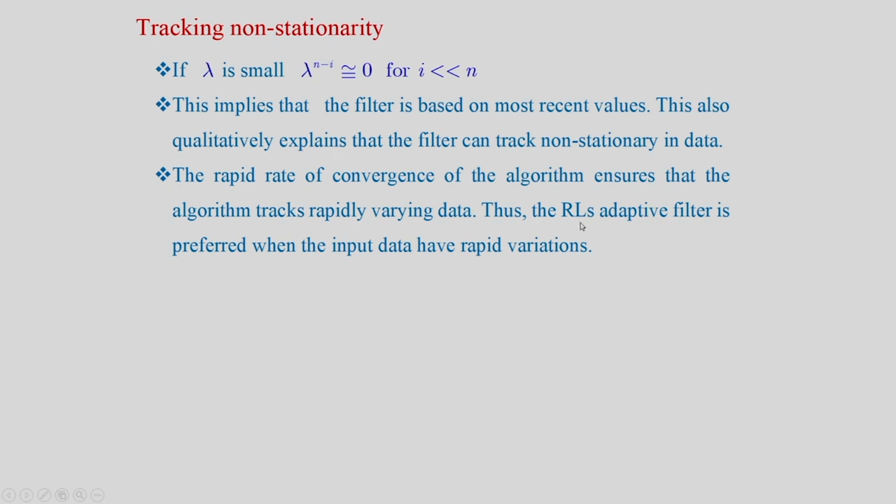Thus, the RLS adaptive filter is preferred when the input data have rapid variations.